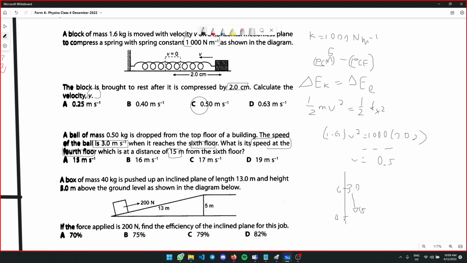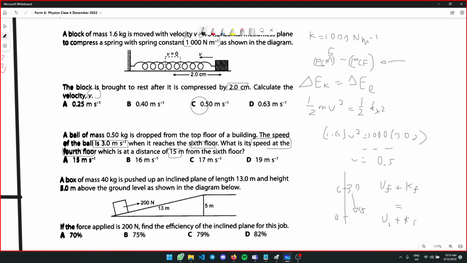This one you just use mgh. You still use the principle of conservation of energy. So the total energy: there will be an initial potential energy and an initial kinetic energy, and the final potential energy plus final kinetic energy is equal to the initial potential energy plus the initial kinetic energy.